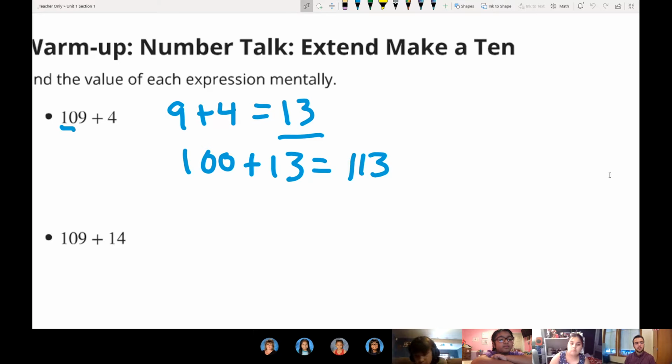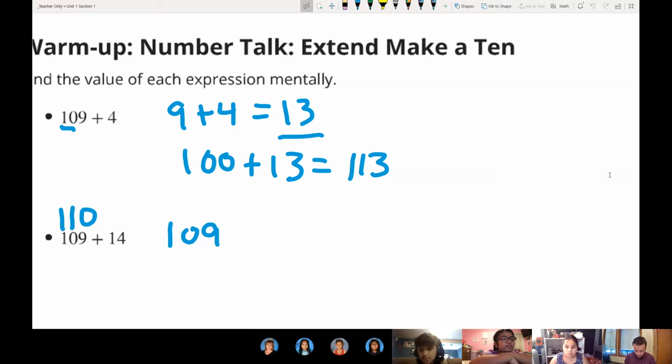Closest to what 10? 109 is closest to 110. Okay, very good. So it's closest to 110. If we're trying to get to 110 from 109, what do we need to add to it?